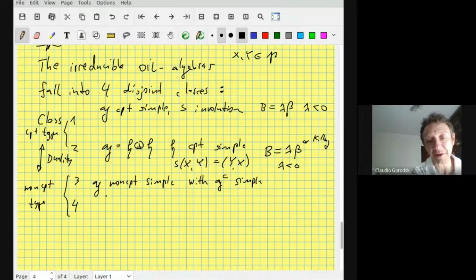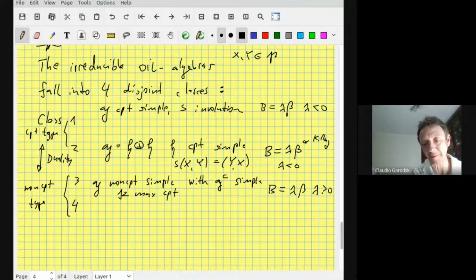So G is not a complex Lie algebra in this case. And K is a maximal compact subalgebra, and it will be automatically compactly embedded also. And in this case, B is a positive multiple of the Killing form.